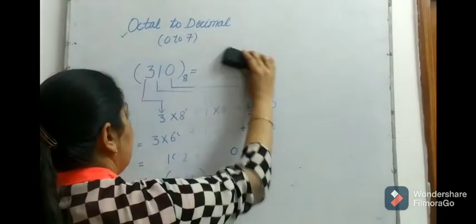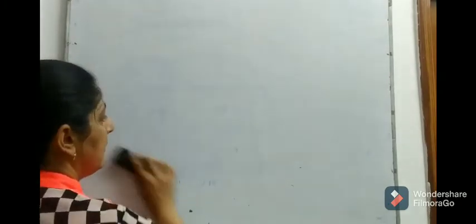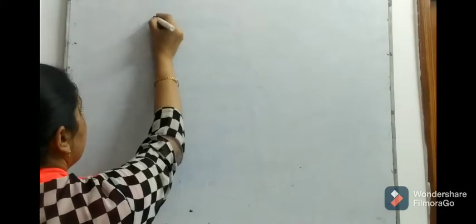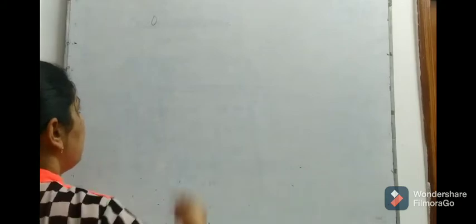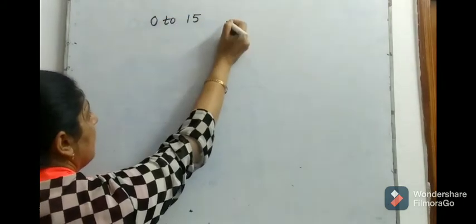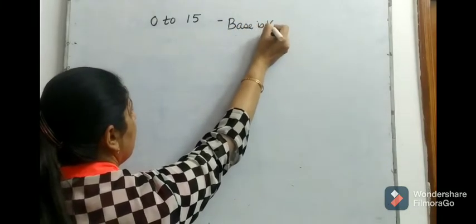As I told you earlier, in the hexadecimal number system, the numbers lie between 0 to 15. The base here is 16.